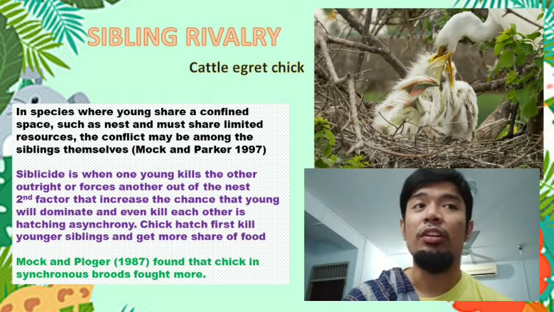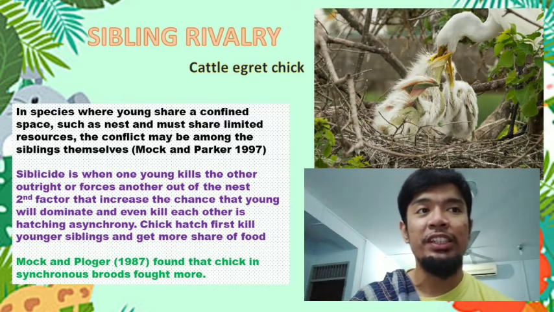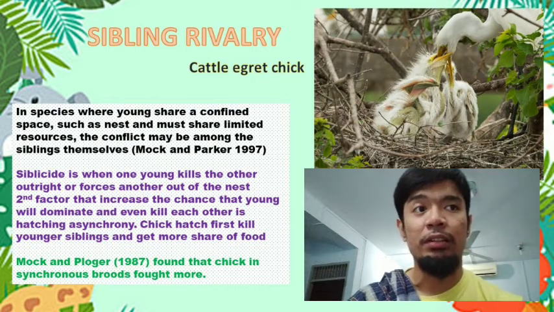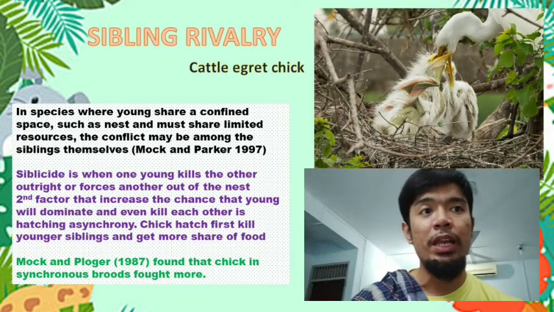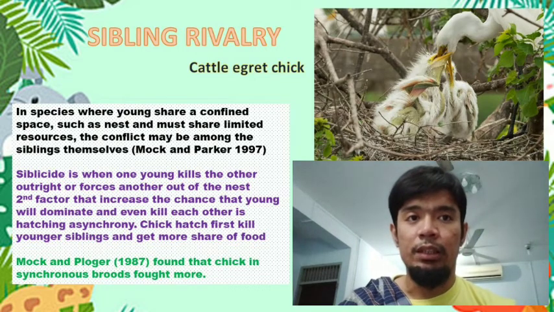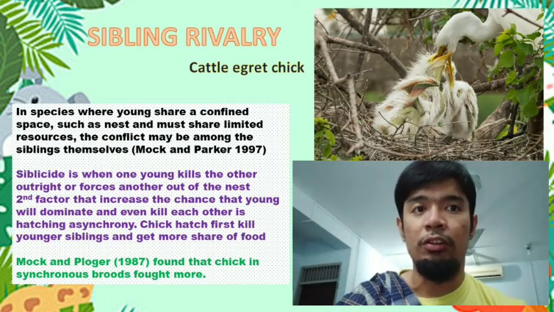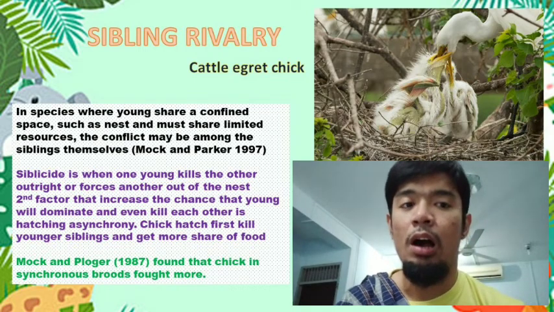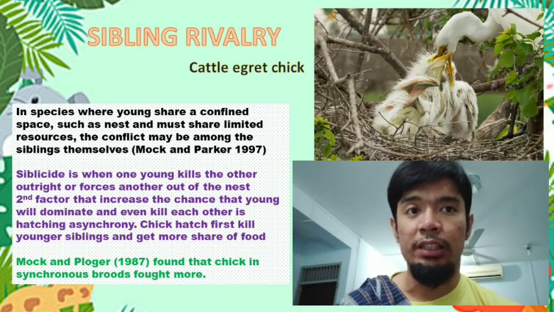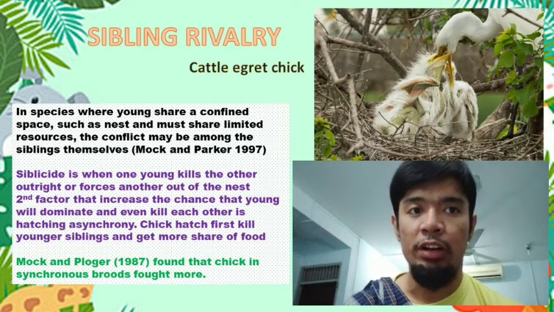The last part is sibling rivalry. Conflict is not always limited to parents and offspring. In species where young share a confined space, such as a nest, and must share limited resources, the conflict may be among the siblings themselves. Siblicide is a condition when one young kills the other outright or forces another out of the nest. A second factor that increases the chance that young will dominate and even kill each other is hatching asynchrony.